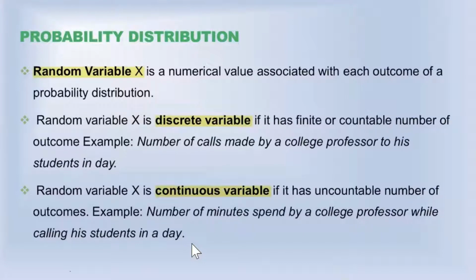Maybe he will have 2.1 minutes with some student, or 2.5 minutes with another student, or 3.4 minutes with some student. So it can even take decimal values. If the random variable takes decimal values also, then it is called a continuous variable. But if it takes whole numbers only, like 0, 1, 2, 3, 4, then it is a discrete variable.